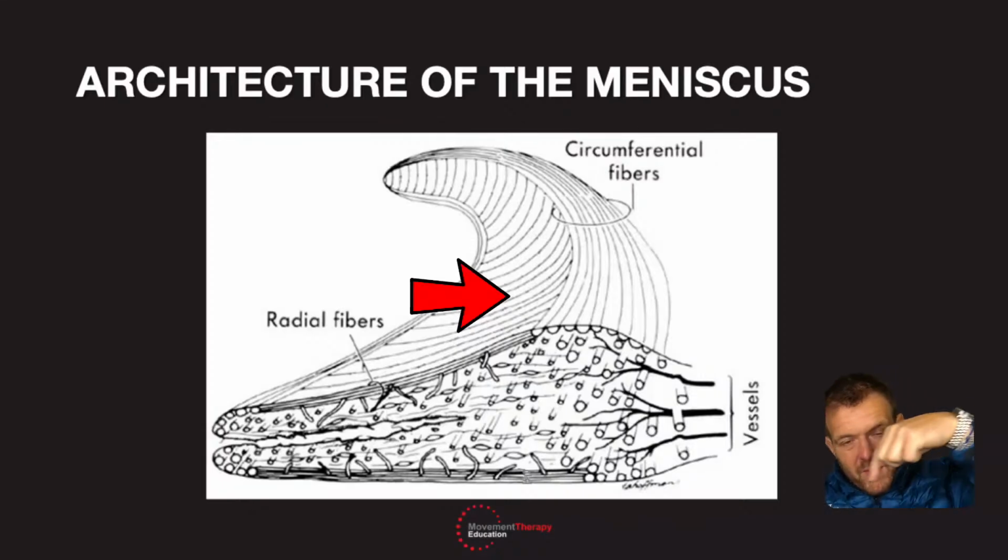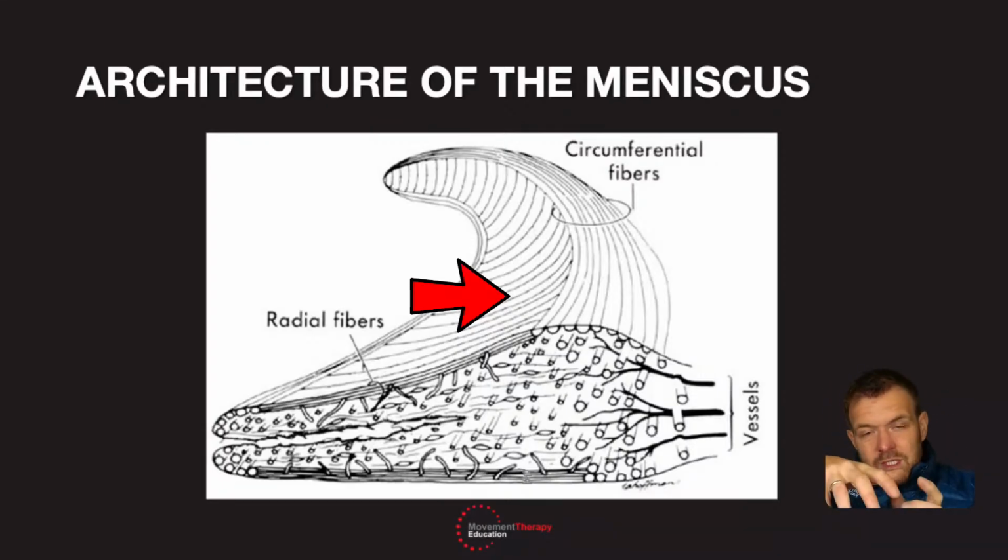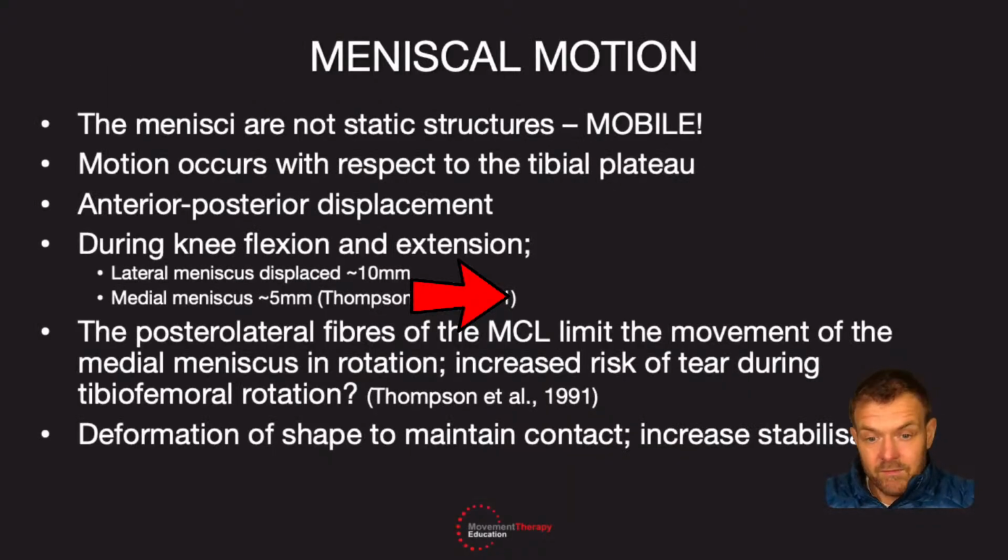If the meniscus only went round in a circle and you twisted your knee, it would just open up the whole of the meniscus, because it wouldn't have any integrity to resist that kind of movement. So if you've got different movements going on, then we need fibers in different directions so that we can maintain the integrity of that meniscus. They're not static, they're mobile.